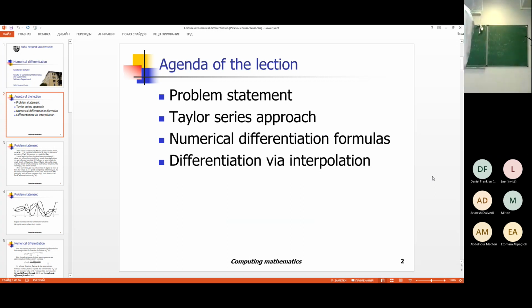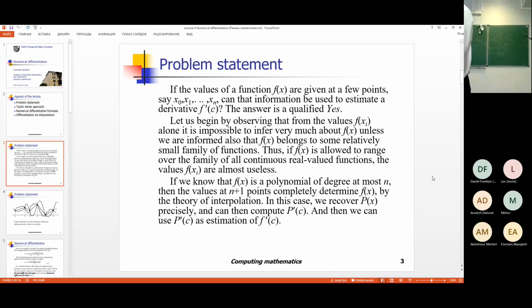And after that, we consider some particular cases, some formulas for numerical differentiation. And the problem statement for numerical differentiation is presented here on this slide.